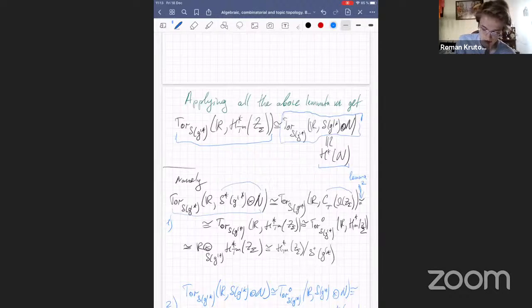Then we apply this corollary of the result of Notbaum and Ray, use the formality, and from this formality and the chain of these quasi-isomorphisms, we can apply lemma 3 to this chain of quasi-isomorphisms over this ring, and see that this Tor algebra is isomorphic now to the Tor algebra where instead of this DGA model stands the equivariant homology.